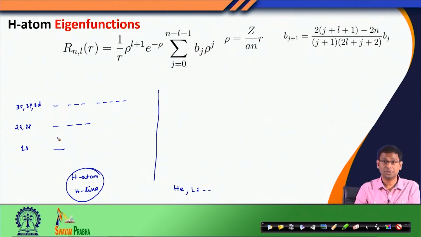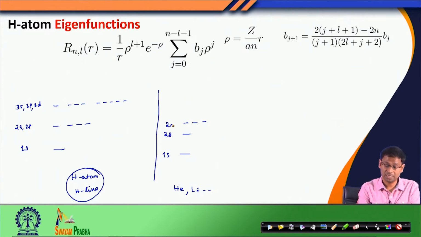And from your atomic structure knowledge, you would see that 1s will have the lowest energy, then 2s and 2p, while they were degenerate in case of hydrogen atom, they will no longer be degenerate for heavier atoms.